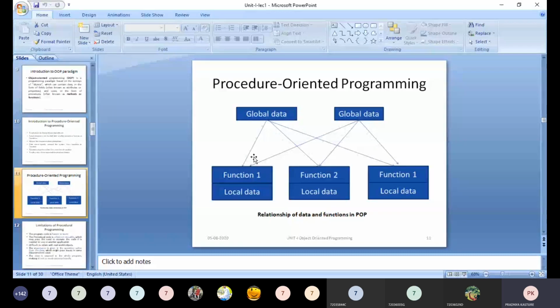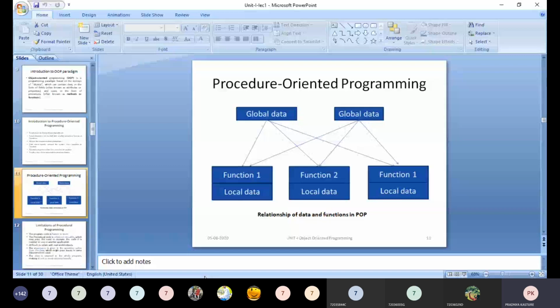One function can change that global data, which can then be accessed by another function. Global data is defined outside any function, so every function can access it. This is the relationship between data and functions in procedure oriented programming.